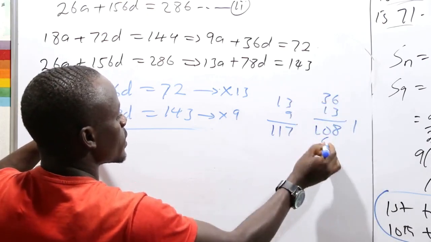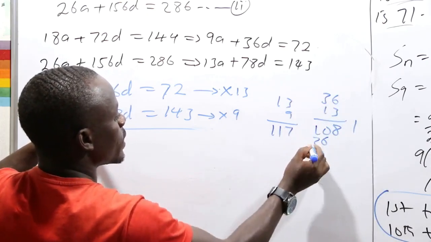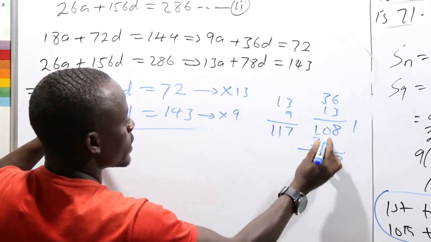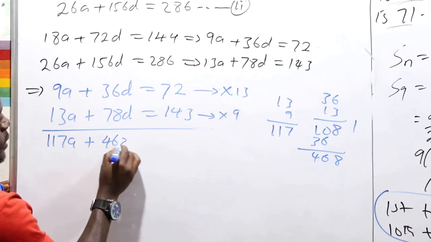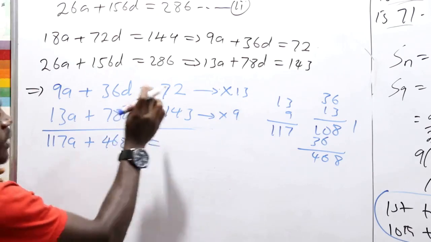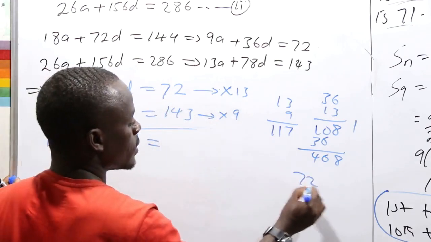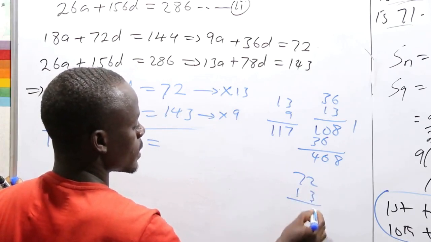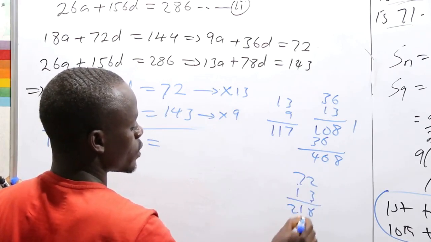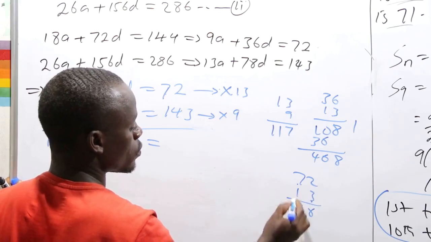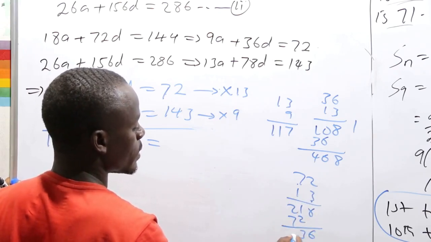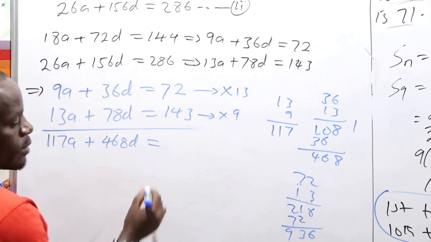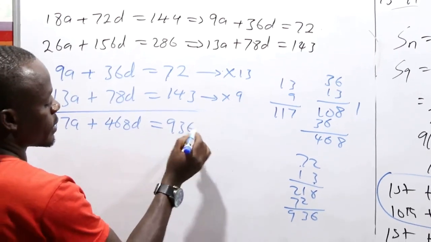Adding this, we have 468. So we have 468d equals 72 times 13, which is 936.